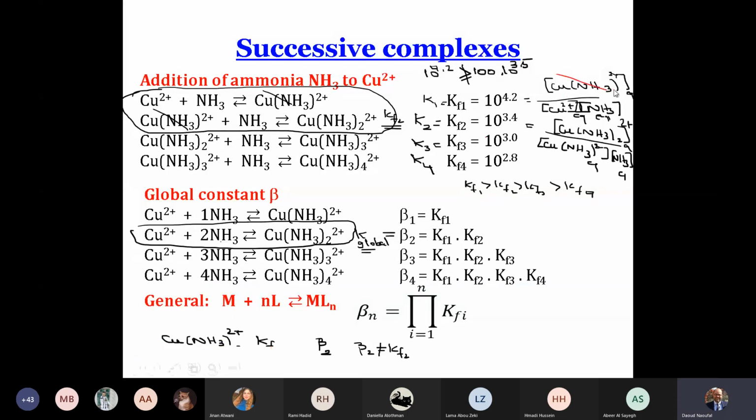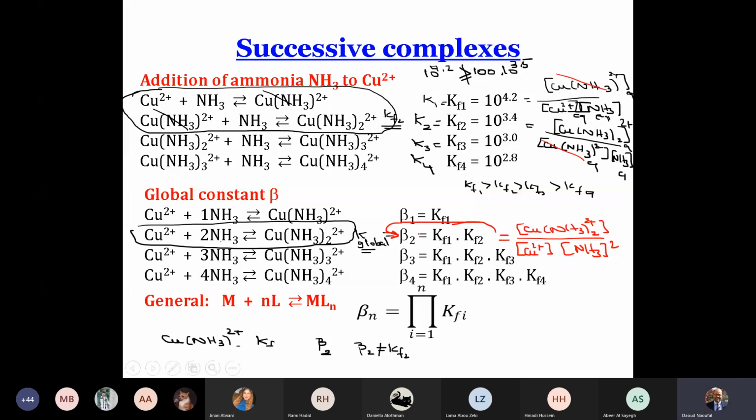So you simplify Cu(NH3) with Cu(NH3), and you obtain Cu(NH3)2 2+ divided by Cu2+ times NH3 squared. So this is the formation of the second complex from its ion Cu2+ and its initial ligand NH3. So this is beta 2.